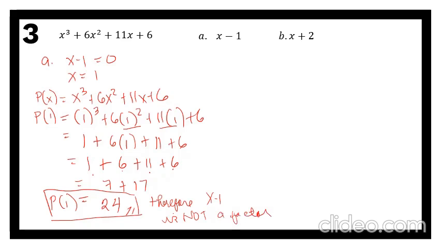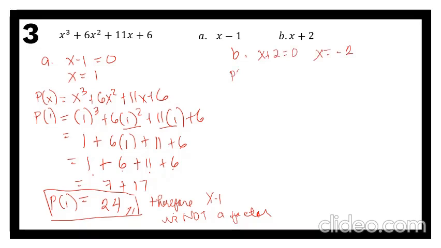Let us answer letter B. Given x plus 2, find if it is a factor or not. So, x plus 2, equate it to 0. x is equal to negative 2.